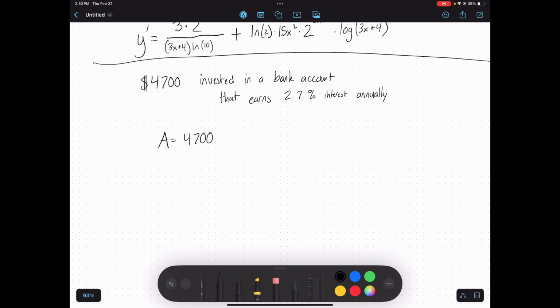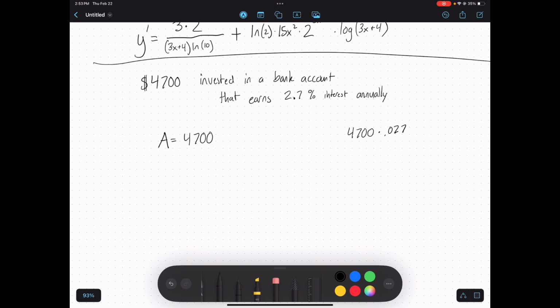Instead, I can come up with this just by reasoning through it, what my base is going to be. If I'm earning 2.7% interest, how much will I make after the first year? Well, I can calculate that by just calculating 4,700 times 0.027.